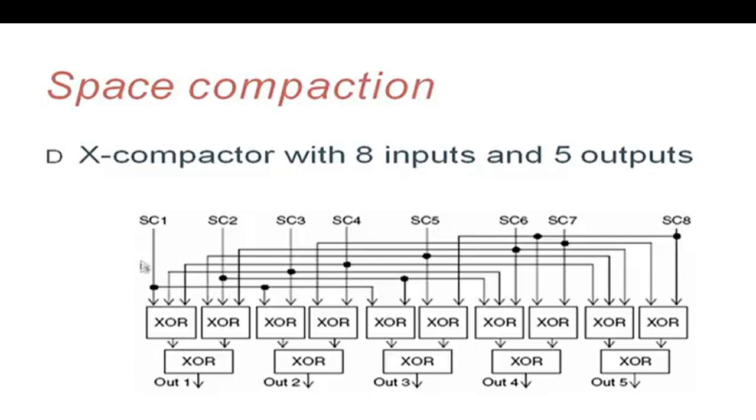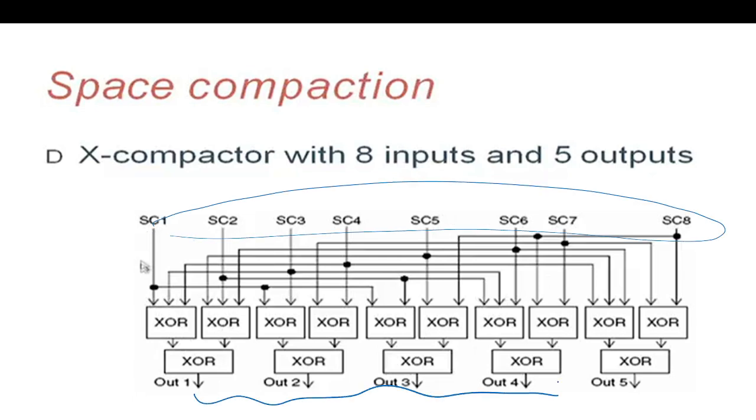So take an X compactor with 8 inputs and 5 outputs. Here we use XOR gates, so we have a larger number of inputs and we compress them to get the output. You can see this compression uses SC1, and this is from SC3, and similarly this is coming from SC4.